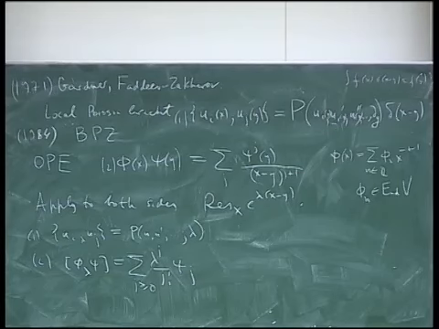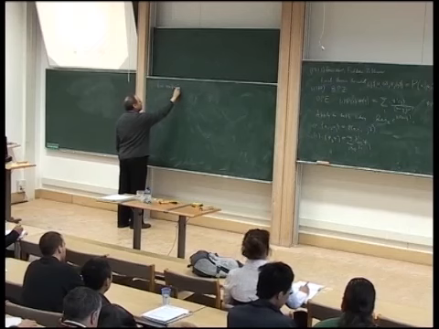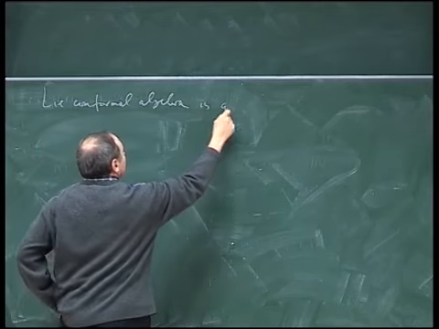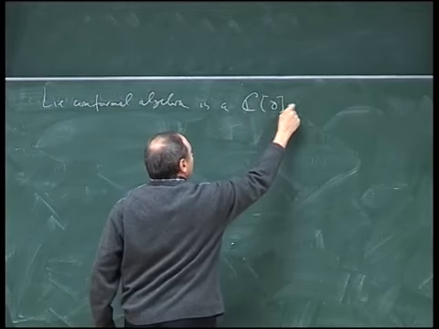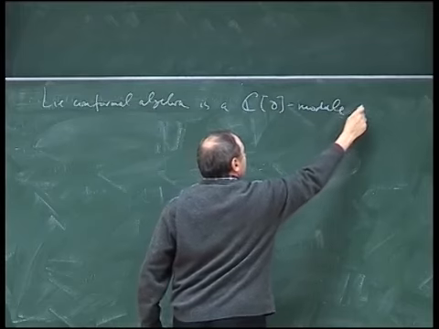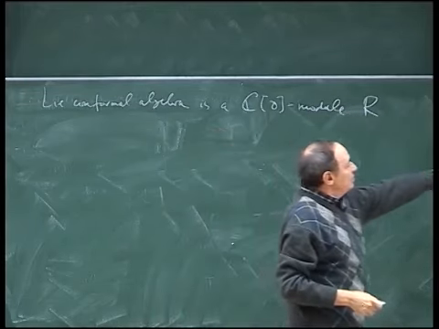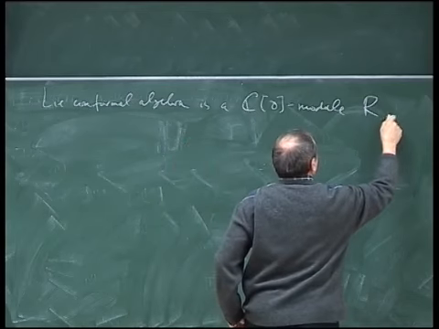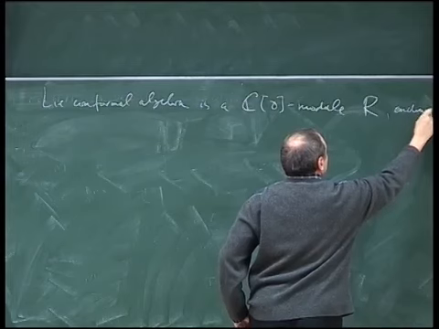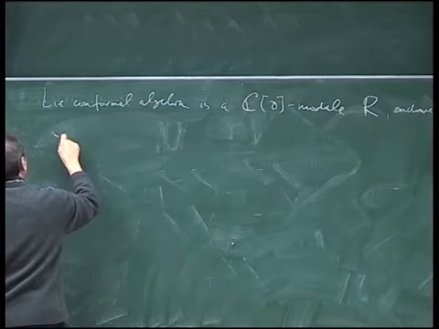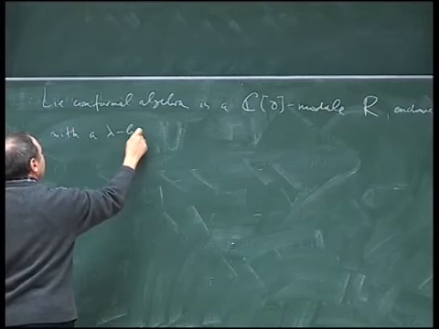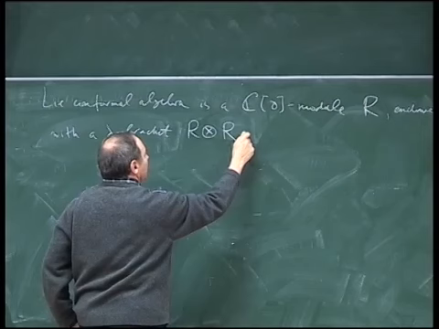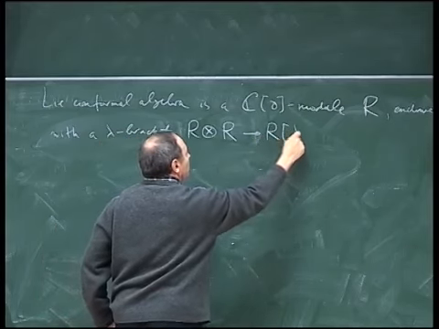So what is a Lie conformal algebra? It is a module, where D in this picture is just the partial derivative by y, endowed with a lambda bracket, which is a certain bracket which depends polynomially on lambda.